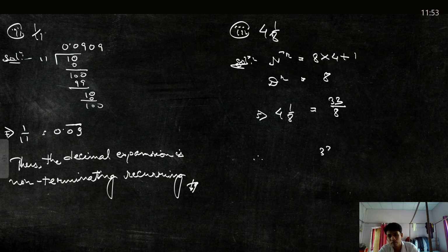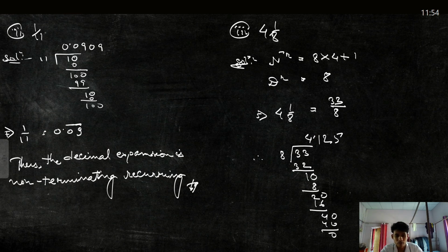Therefore, 33 divided by 8. 8 4s is 32, remainder 1, we give a point and it becomes 10. 8 1 is 8, remainder 2, 8 2s are 16, 4, 8 5s are 40, 0.